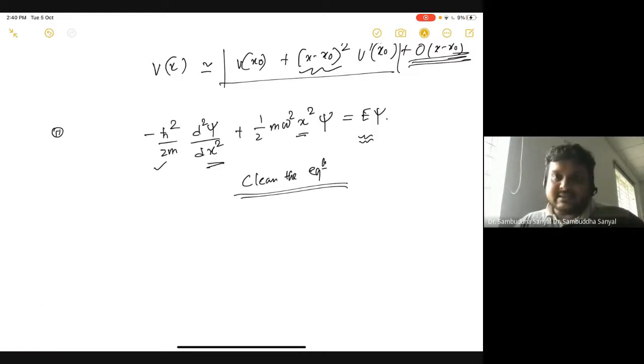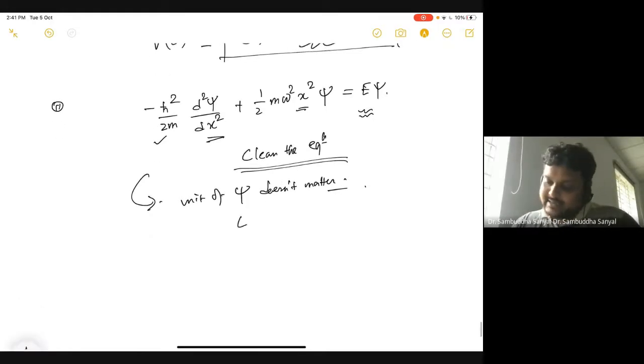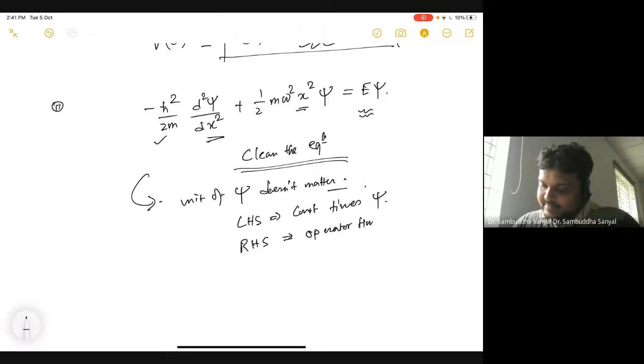The first thing to note is that the unit of psi doesn't matter, because it appears on both sides. The left side is of course energy times psi, so the right side must also be energy times psi. So the LHS is some constant times psi, and the RHS is an operator times psi, which must be the same. How is this the same as that? That is what we want to manifest.